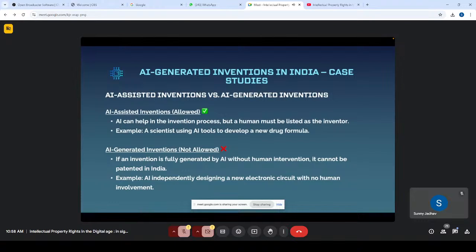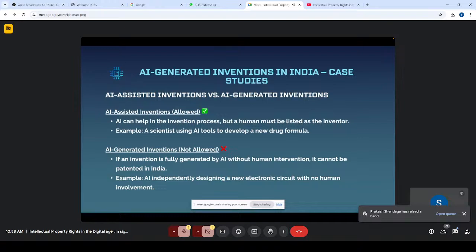AI can help in the invention process, but a human must be listed as the inventor. For example, a scientist using AI tools to develop a new drug formula. So AI is assisting, right? And the scientist is claiming that this is my work, but AI was my assistant. I used the tool to develop an invention.